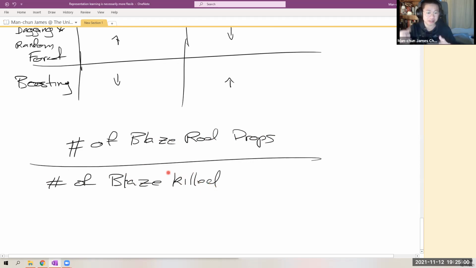So this is just the fraction of the number of blaze rods that were dropped over the total number of blazes that were killed.